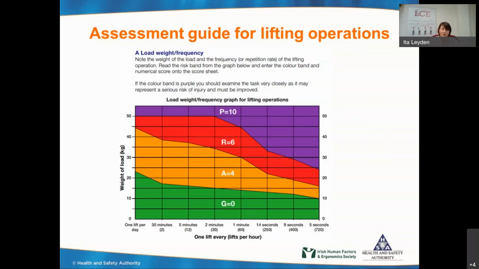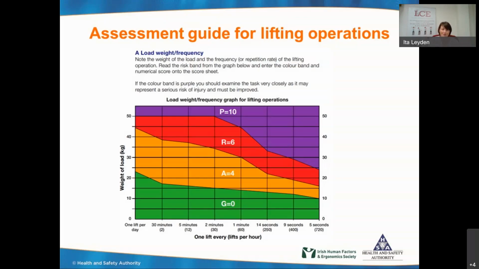So if someone, for example, is lifting a 35 kilogram load once every 2 minutes, what we do is we find the load on the x-axis. I always get my x's and y's mixed up, so apologies about that one.